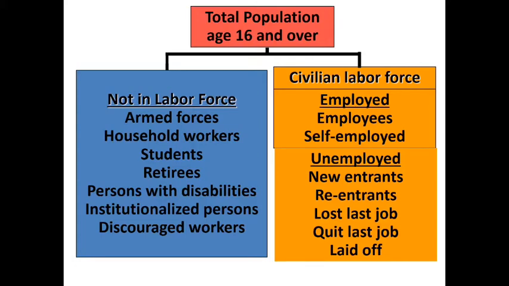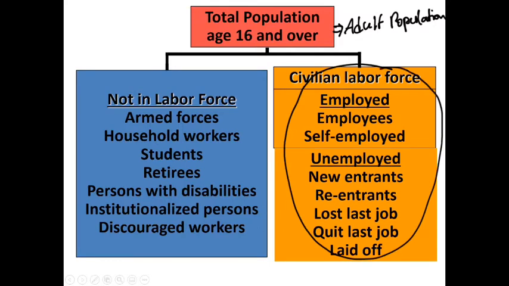So what we have here is adult population. And what is the labor force participation rate? Well, when we look at this chart, only these people are participating in the labor market. Only those people who are employed or unemployed but looking for a job, they're participating in the labor market out of all the people in adult population.